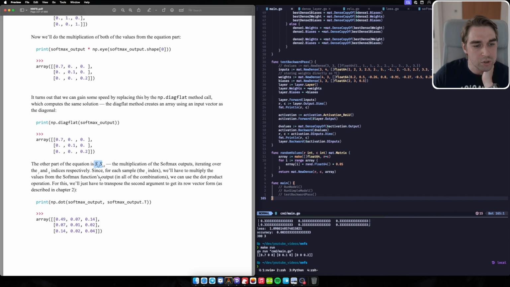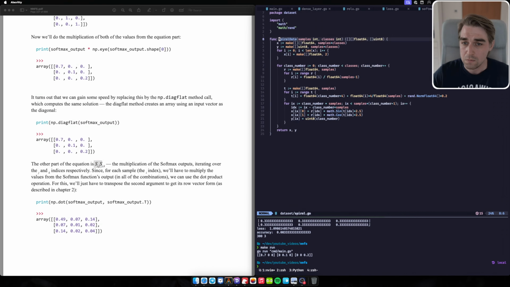For this, we'll just have to transpose the second argument to get its row vector form. So we're just multiplying the softmax output and the transposed one. Interesting. Okay.